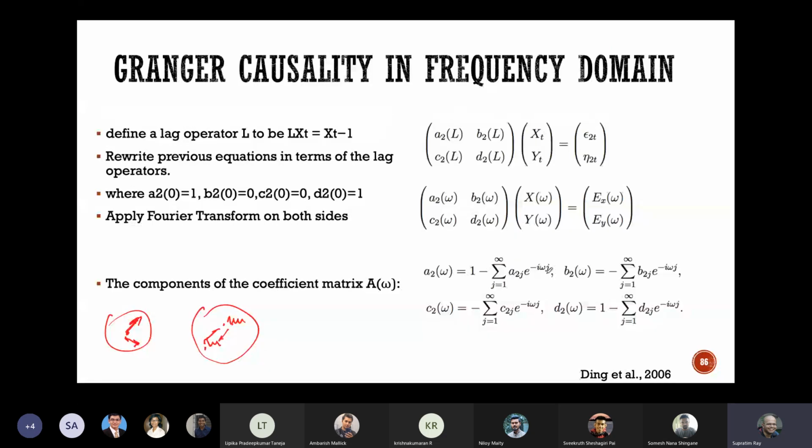Don't worry about this as of now. So these are polynomials A, B, C, D in a 2 by 2 matrix, which is now applied to x_t and y_t, and this will yield the error terms on this side, epsilon and eta. Okay, so this is nothing but the same equations here written in a lag operator form.